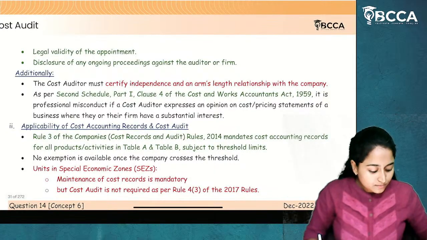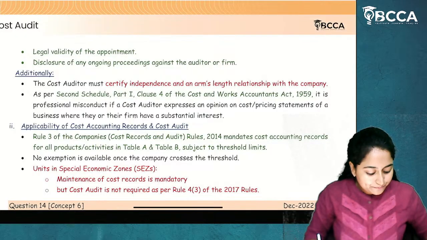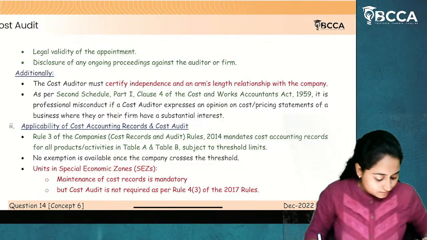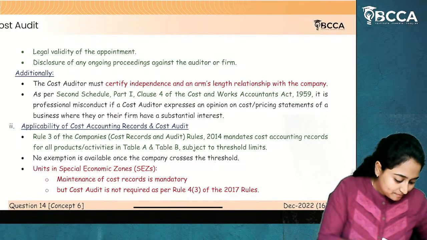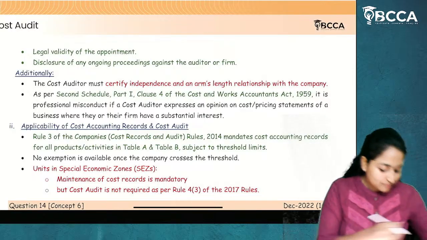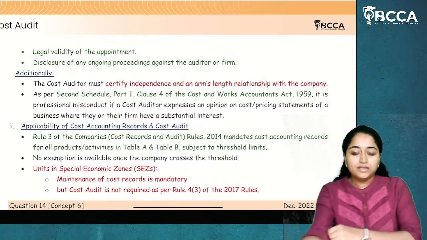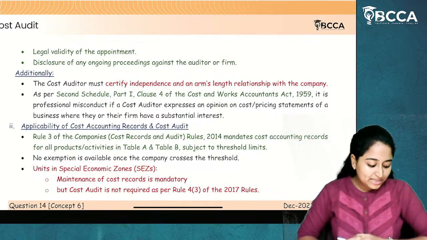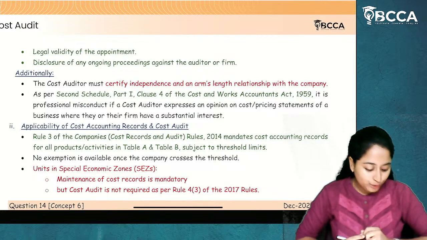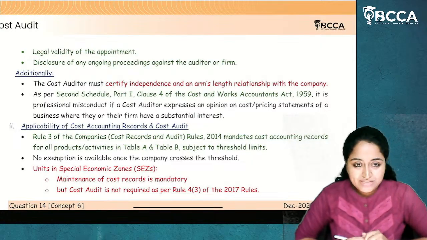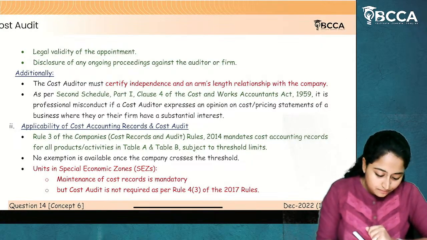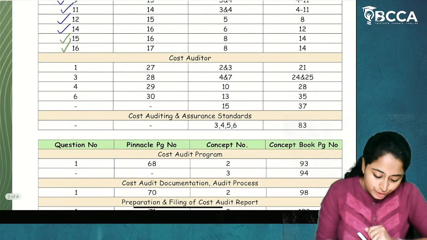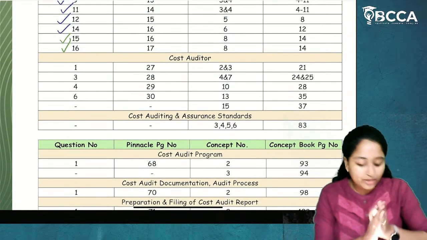I hope it's clear. Is it clear? Are we done with Companies Cost Records and Audit Rules 2014? Guys, give a quick reply in the chat box so we can move to the next unit. Is it clear? The questions in unit 2 of section A, cost audit. Is everything clear? Are we done with unit 2? If you have any doubts, you can ask me quickly.